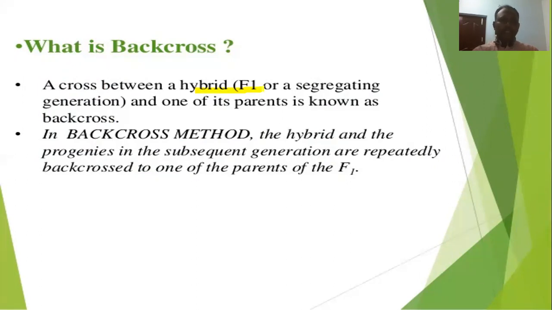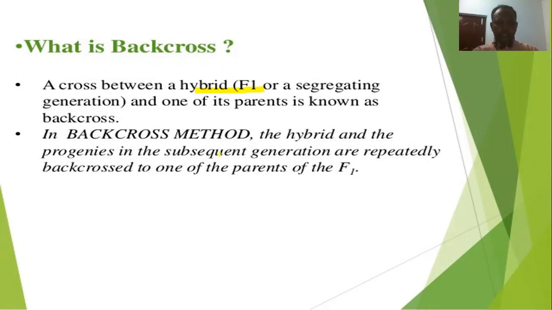The backcross meaning is that we are making a cross between the F1 hybrid and any one of its parents, either the homozygous dominant parent or the homozygous recessive parent.